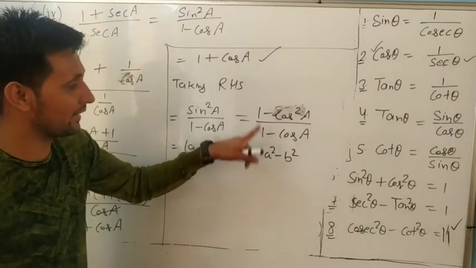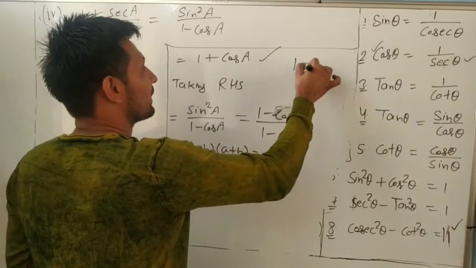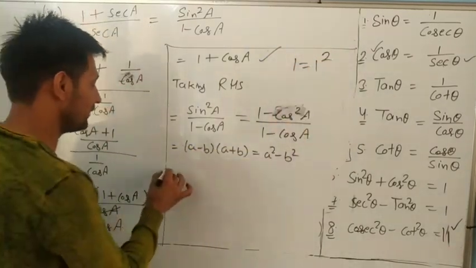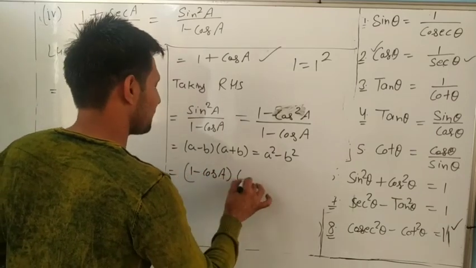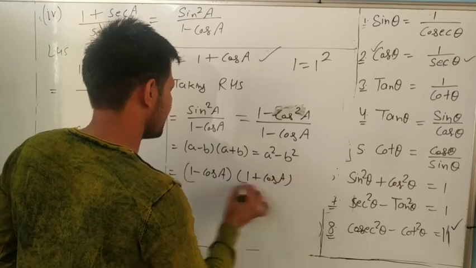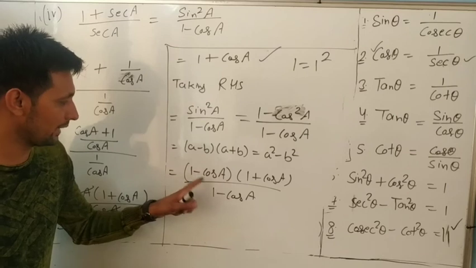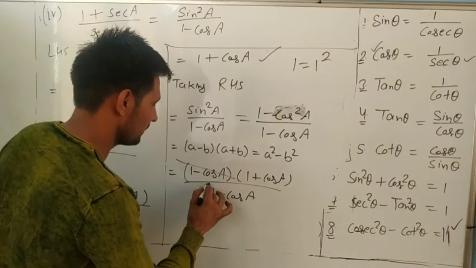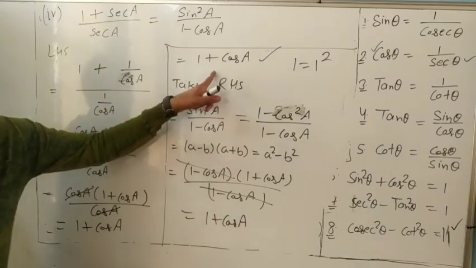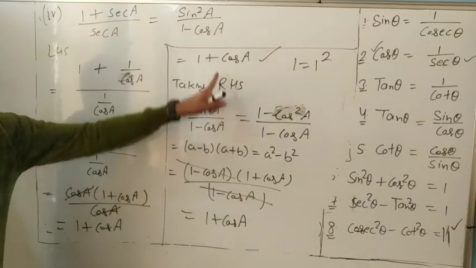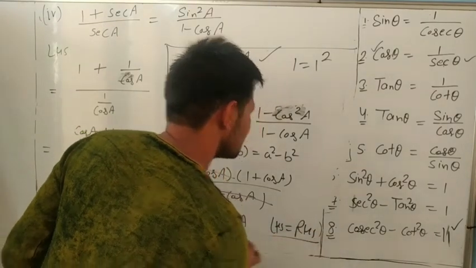So it is a minus b: 1 minus cos a multiplied by 1 plus cos a upon 1 minus cos a. The 1 minus cos a cancels, both cancel. What remains? 1 plus cos a. Right hand side is 1 plus cos a, left hand side is 1 plus cos a. So LHS equals RHS.